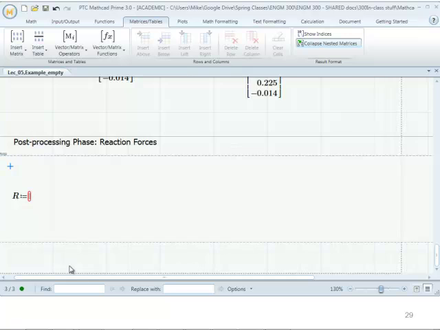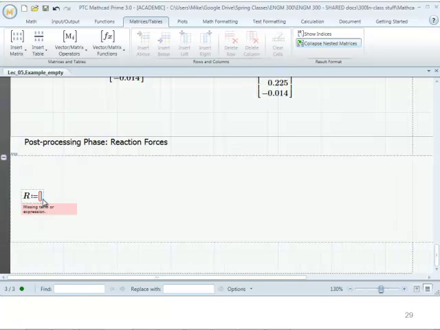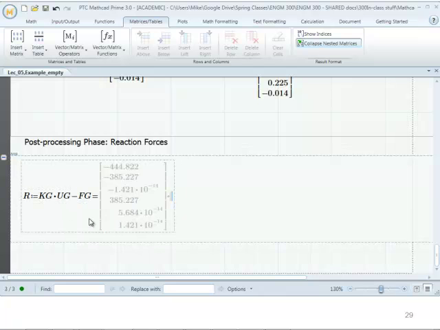So go to the next area there. We're going to type in that equation. So we have our global stiffness matrix, our non-reduced global displacement minus the global force matrix. And correcting units.